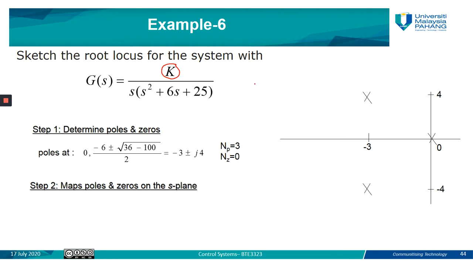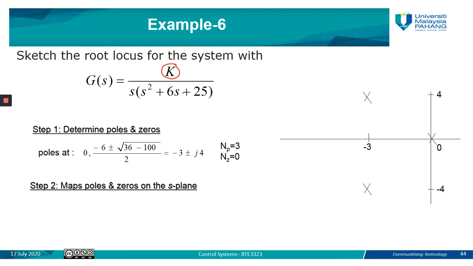Root locus, we said, is generated due to the change of the value of K in the closed loop transfer function. So in the case of the open loop transfer function, the value of K should be 0 in the characteristic equation here.